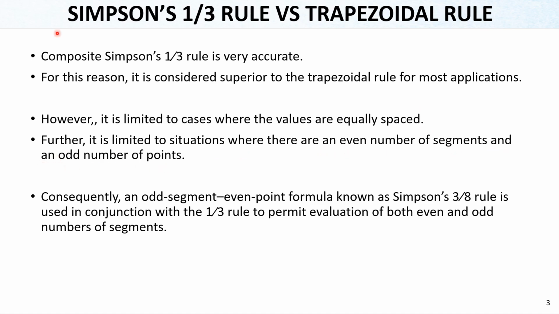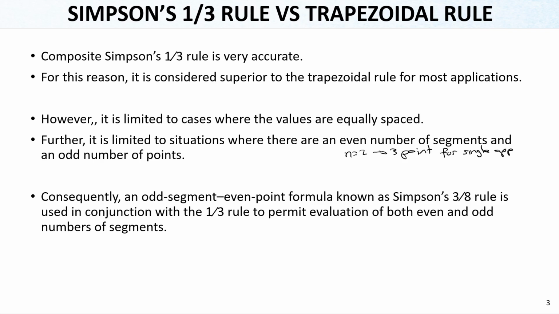This is very important. For the Simpson's 1/3 rule, we need an even number of segments. So for one single application, that's okay. We have two segments, n equals 2, which gives 3 points for single application.